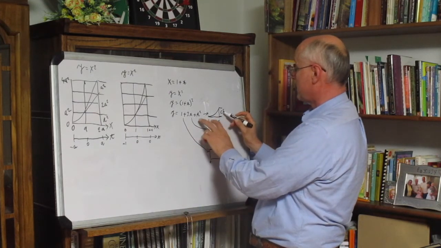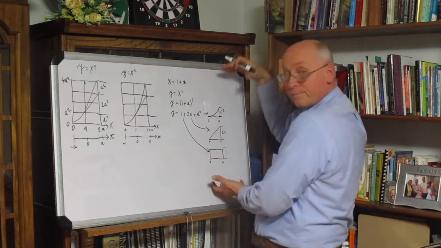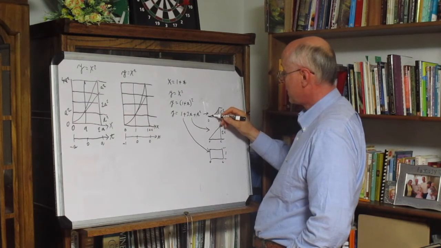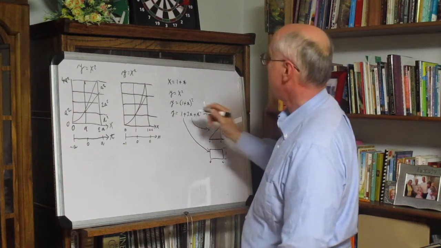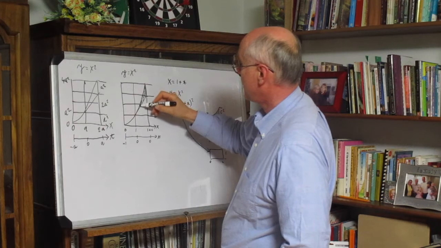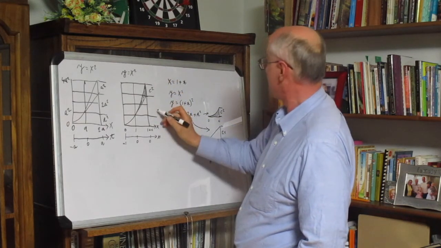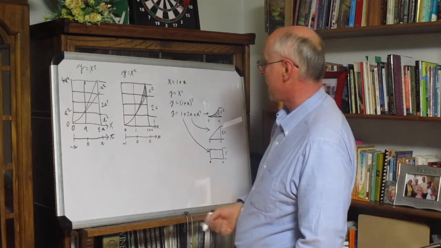You plug in c, you get c squared. You squish these together, you slice this up using Cavalieri's shifting principle. This area here becomes that. This is c squared, this is 2c, this is 1.